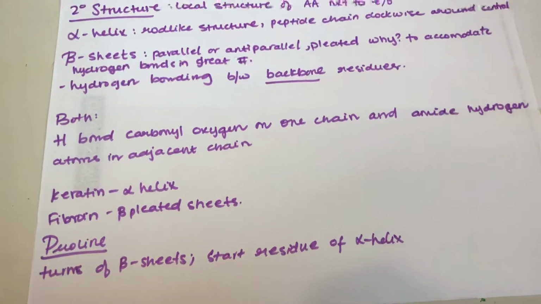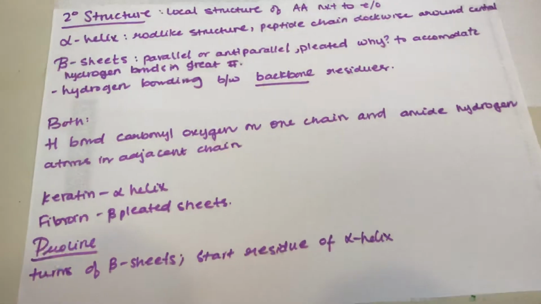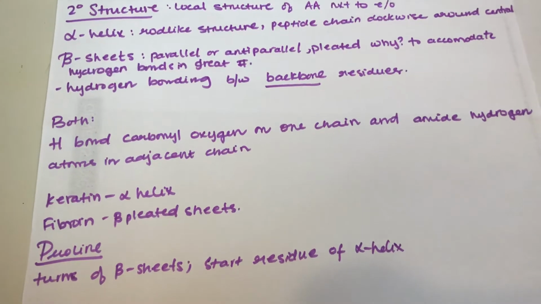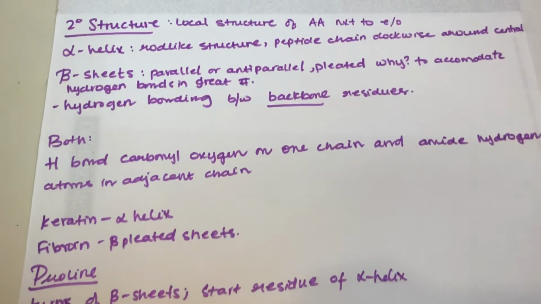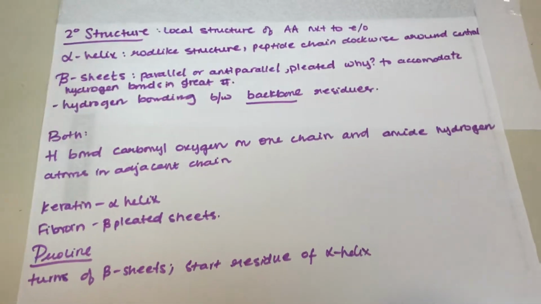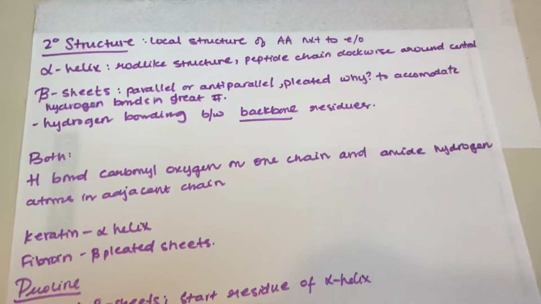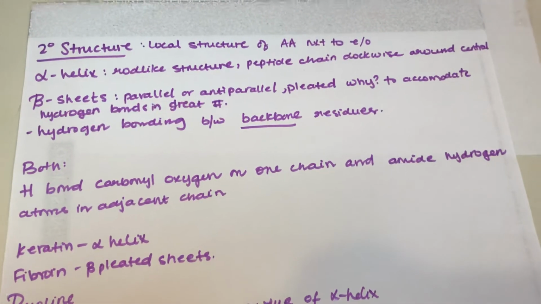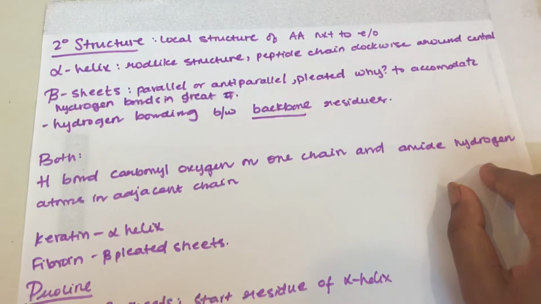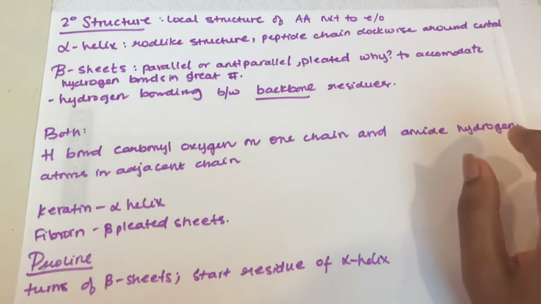Beta sheets, on the other hand, are parallel or anti-parallel, and they're pleated. They're pleated in order to accumulate a high number of hydrogen bonds because the secondary structure is mostly characterized by intramolecular hydrogen bonding. There are no interactions between the R groups of the amino acids, and most of the interactions are going to be between the amino group and the carboxyl group.